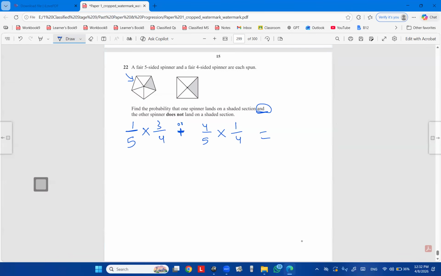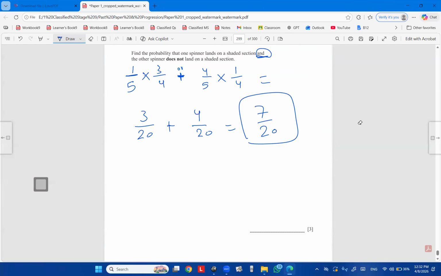All of this is going to be equal to: 1 over 5 times 3 over 4 is 3 over 20, plus 4 over 20, which gives you 7 over 20. And this is the probability that one spinner lands on a shaded section and the other spinner does not land on a shaded section.